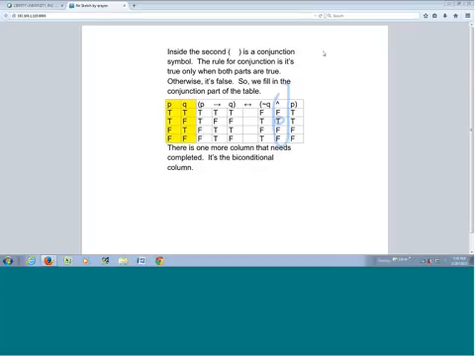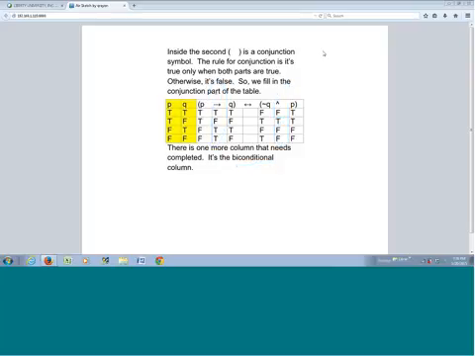Okay, notice we only have one more column left, and that's the biconditional. We're going to be using the rule for biconditional to fill that in. The truth value to the left is what's inside the parentheses on the left. The truth value to the right is what's inside the parentheses on the right.